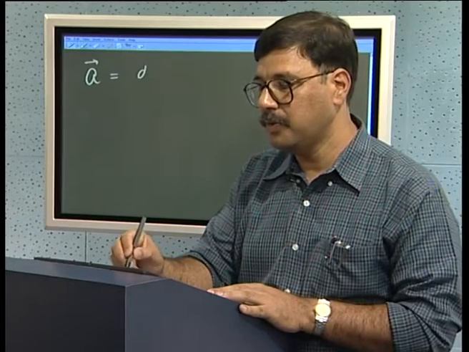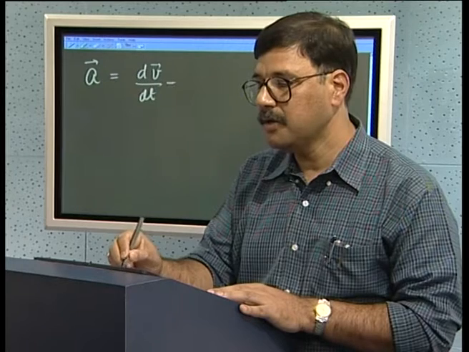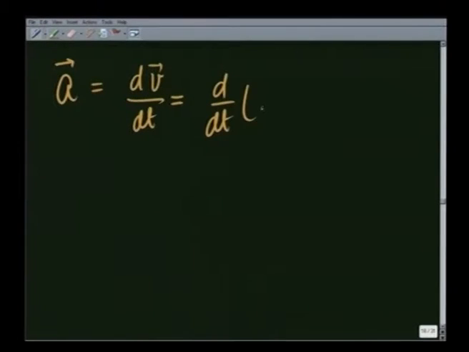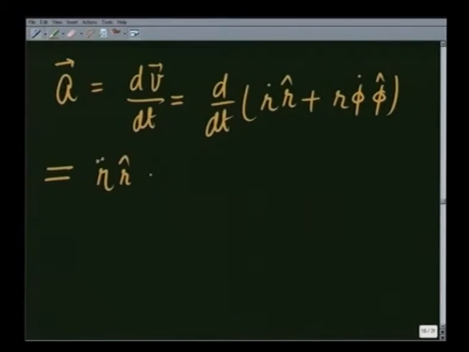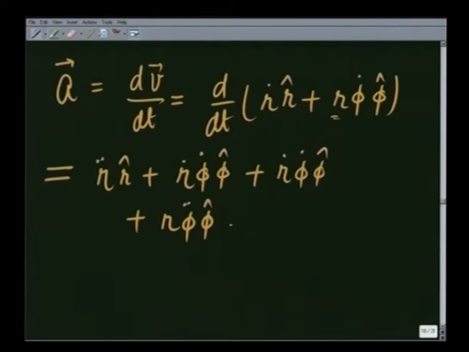A was equal to dv dt, which is equal to d over dt of r dot r plus r phi dot phi, which is equal to r double dot r plus r dot dr dt, which is nothing but phi dot in phi direction, plus r dot from here phi dot in phi direction, plus r phi double dot in phi direction, plus r phi dot d phi dt, which I have just calculated.